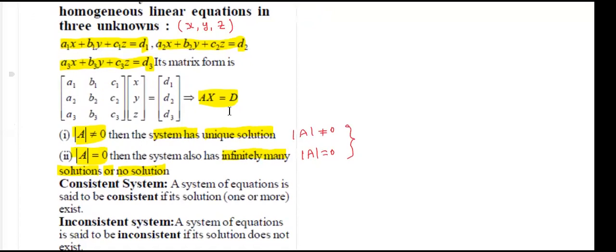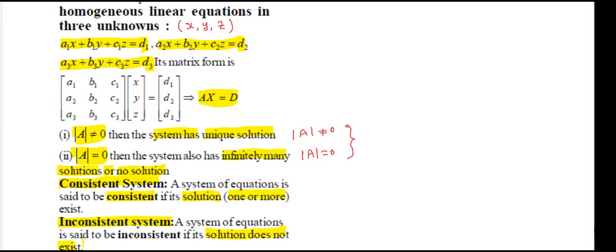Okay, students. Now the definitions of a consistent system and an inconsistent system. A system of equations is said to be consistent if it has a solution, one or more. Inconsistent means its solution does not exist, that means it has no solution.